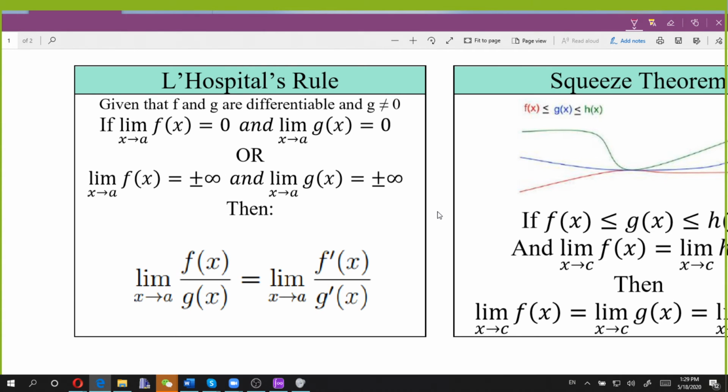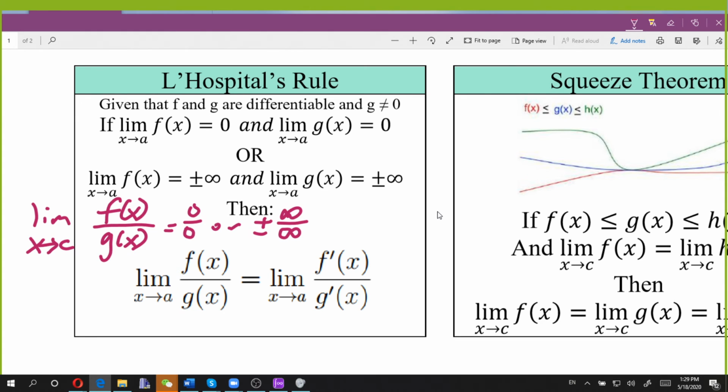L'Hospital's rule says, if you can split up your fraction into a top part and a bottom part, and you end up getting a limit as x approaches c of f of x over g of x, so you end up getting a limit of 0 over 0 or plus or minus infinity over infinity, then your limit as x approaches c of that function is the same thing as the limit of f prime x over g prime x.